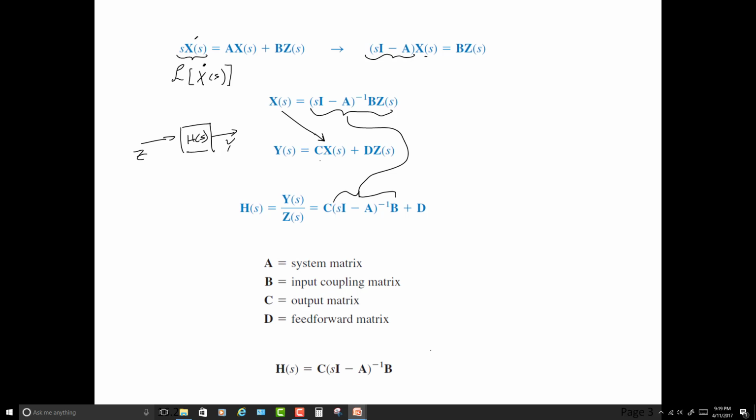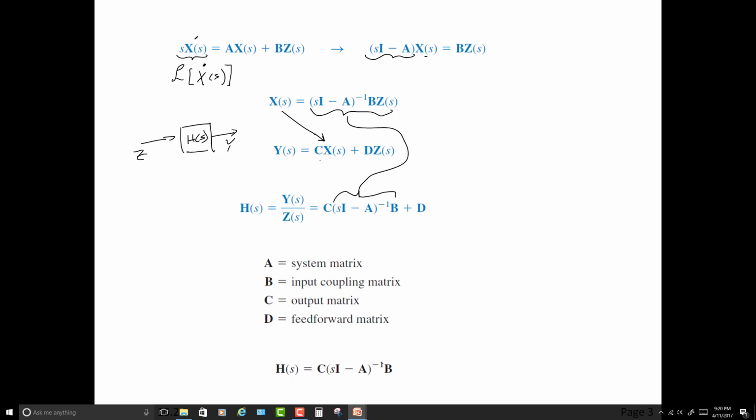The transfer function is really what relates the input to the output. No great statement there.